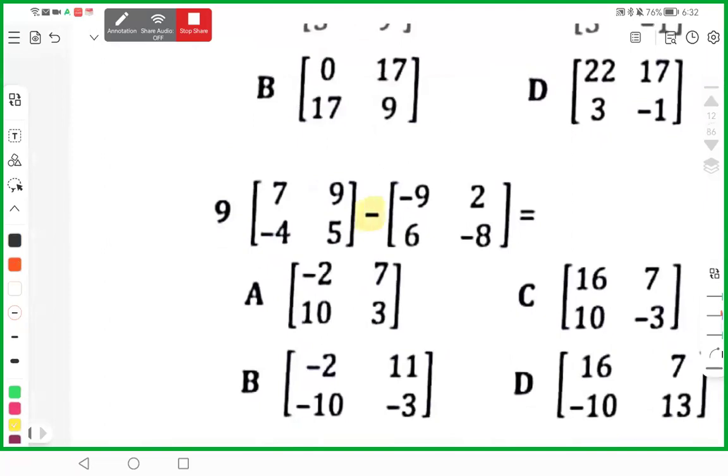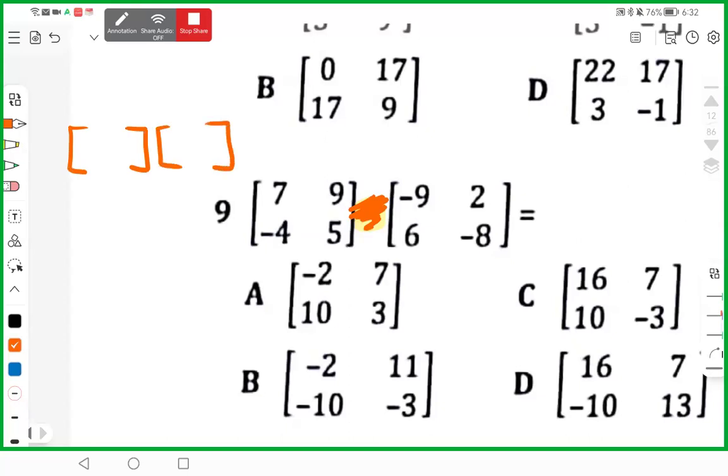If in between the matrices there is a symbol, either plus or minus, then it's a normal operation, so you just do the normal operation. But if there's no symbol, meaning the two brackets are together, then obviously this is multiplication.